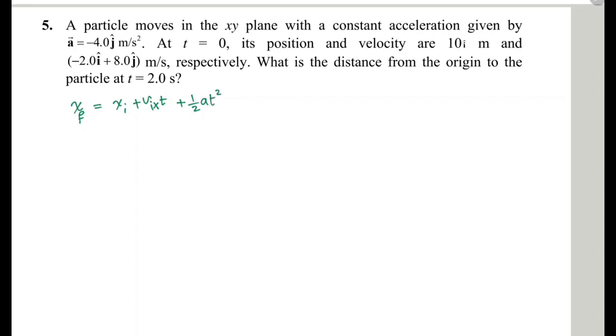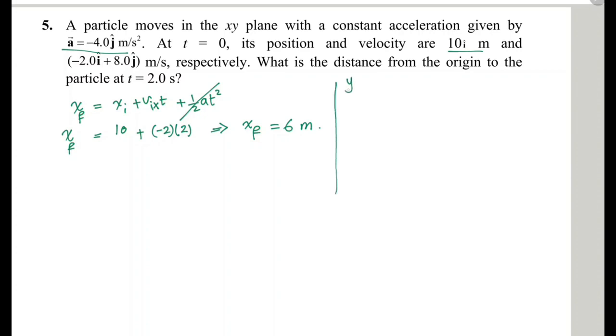From the given information here, there's no acceleration on the x-axis, and x final in this case equals the initial position, 10, plus the initial velocity, minus 2, times the time, 2 seconds. You substitute this, x final in this case equal to 6 meters.